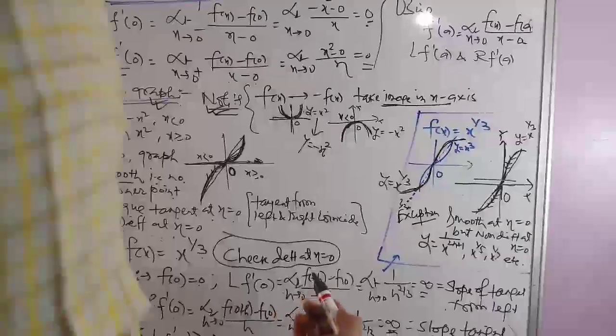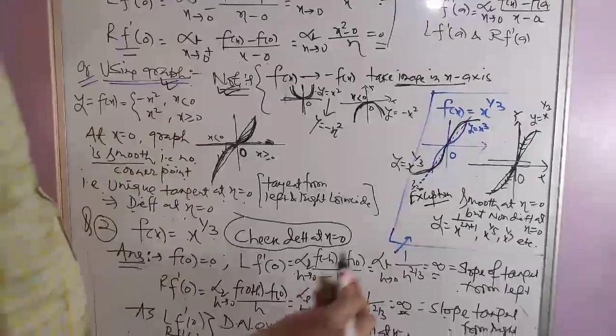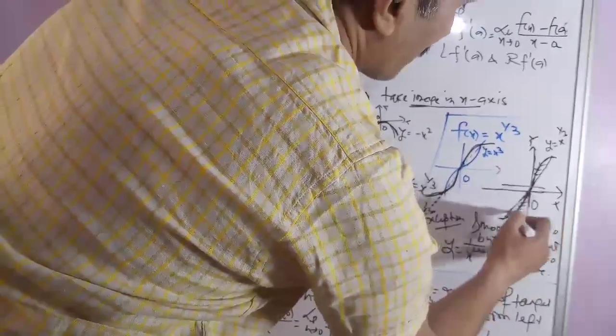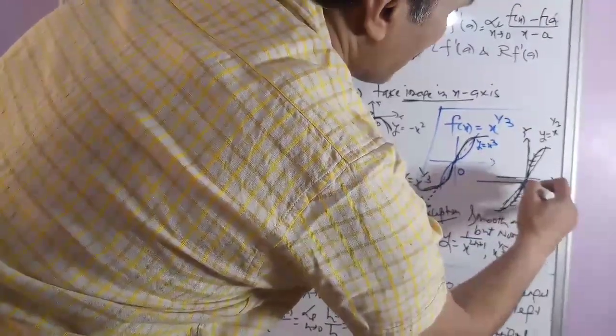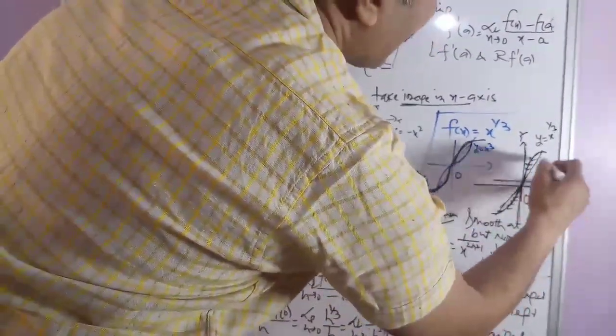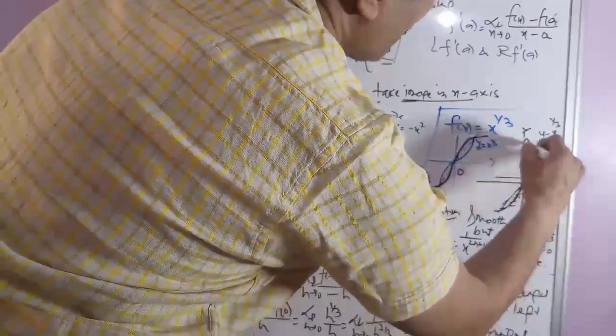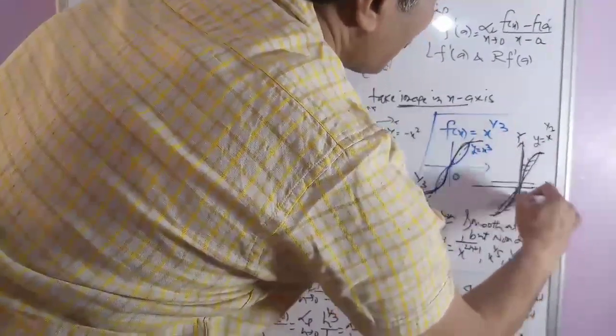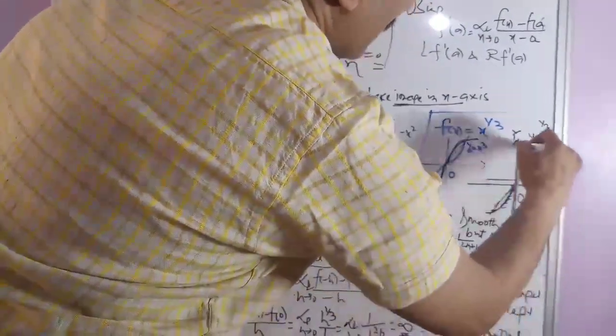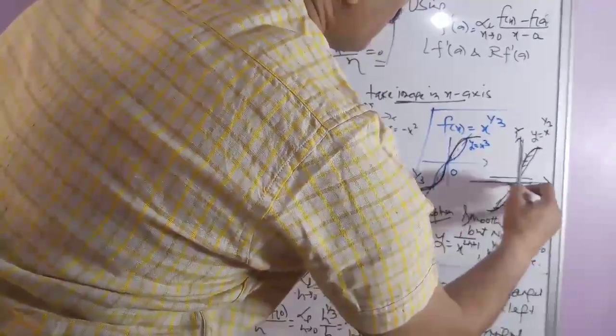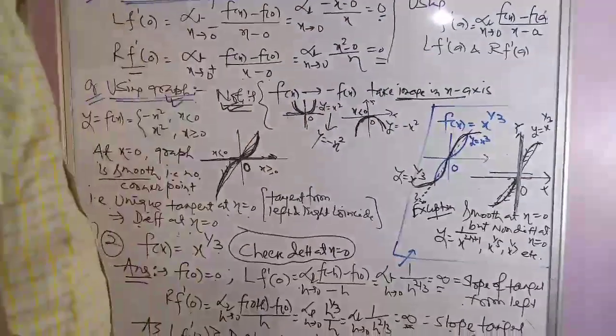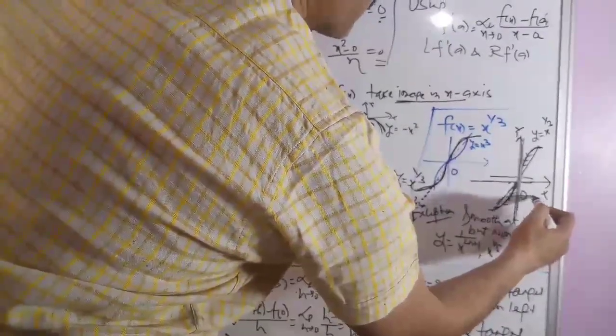So differentiable or not differentiable? Since the tangent from left coincides with this line and the tangent from right coincides with this line, that is a vertical tangent. With a vertical tangent, the left hand derivative and right hand derivative both will be infinite and the function will be non-differentiable at x equal to 0.